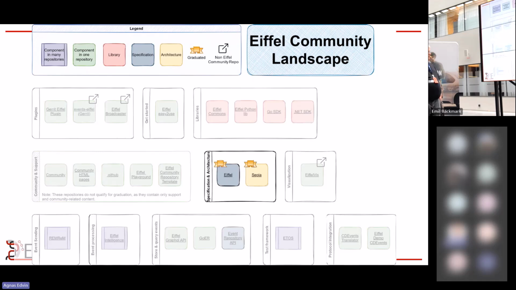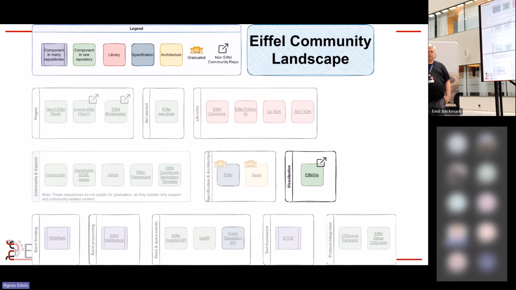In the specification and architecture area, we've got Eiffel. This is the protocol, and that one is graduated. We also got Sepia, which is a reference architecture, where you're basically describing how a system could be built. That is also graduated. Visualization, we've got one product that's hosted within the community by Axis.